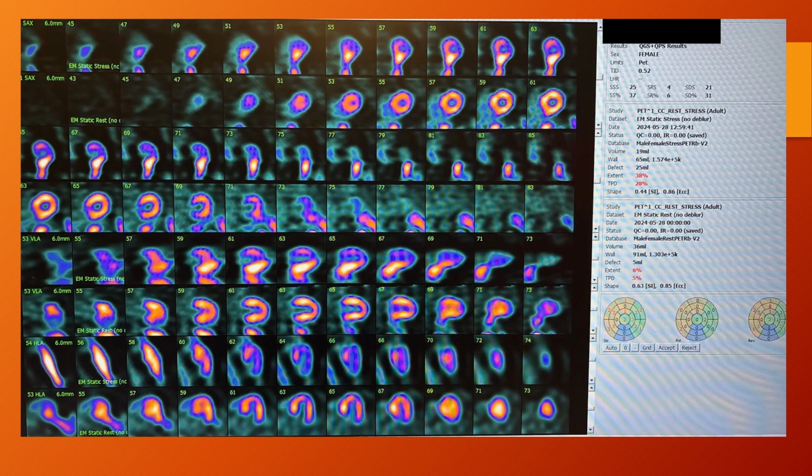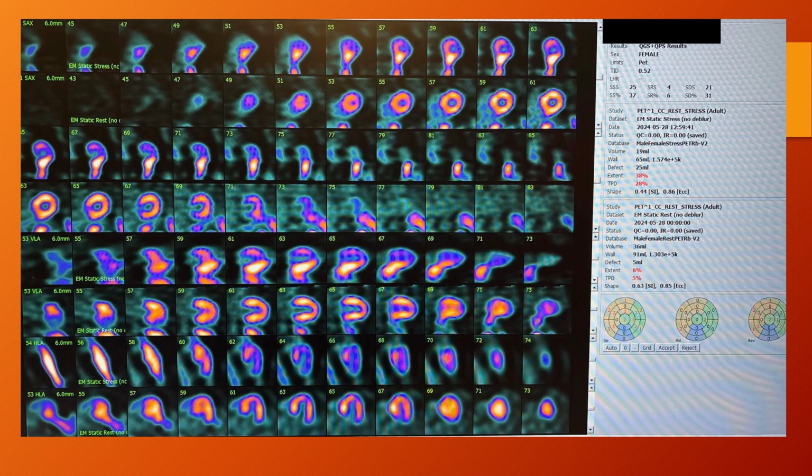So this is another patient. This one is showing you, notice that the heart on stress is more egg-shaped. First of all, you do see this abnormal area of increased uptake up here, but then you also see that the heart is more oblong or egg-shaped, and that usually indicates that there is some kind of motion that's occurring.